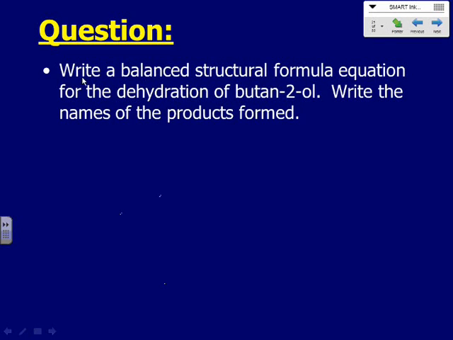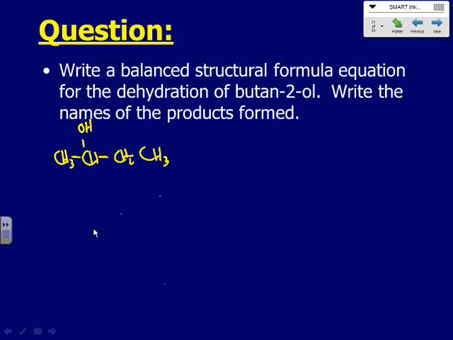Write a balanced structural formula for the dehydration of 2-butanol. Write the names of the products formed. So 1, 2, 3, 4. And I have the OH right there, OH, and I have H3, H, H2, H3.